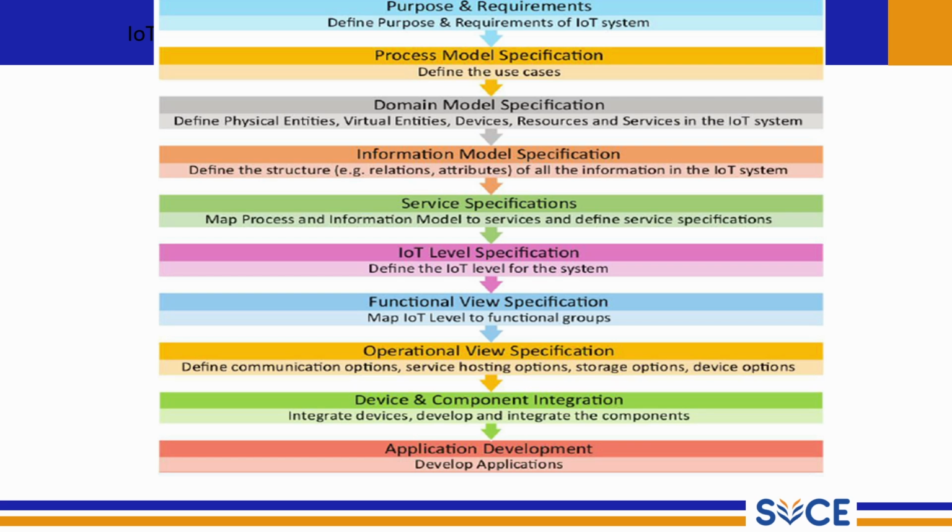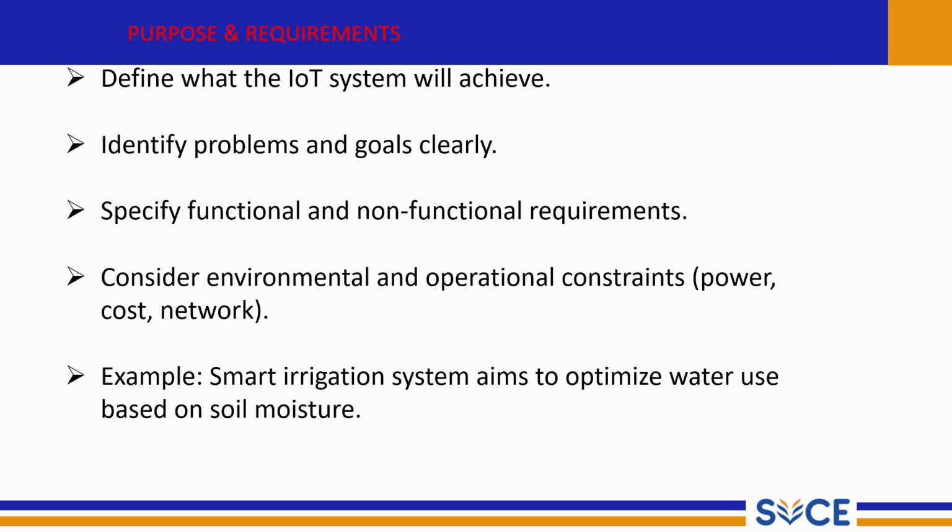The next step is device and component integration, where we see the integrated devices, develop and integrate the components. Finally we are going to see the application development, how these applications can be developed.